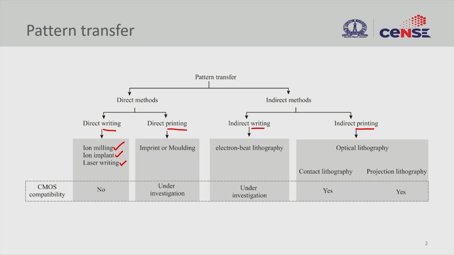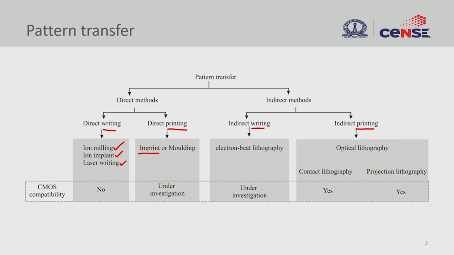In contrast, we have printing. Printing is a parallel process. Here we can do imprint patterning or mold patterning. For most of you, imprint patterning might be more familiar. It is nothing but taking a template and using that template to print a pattern, the way we print cloth, for example.